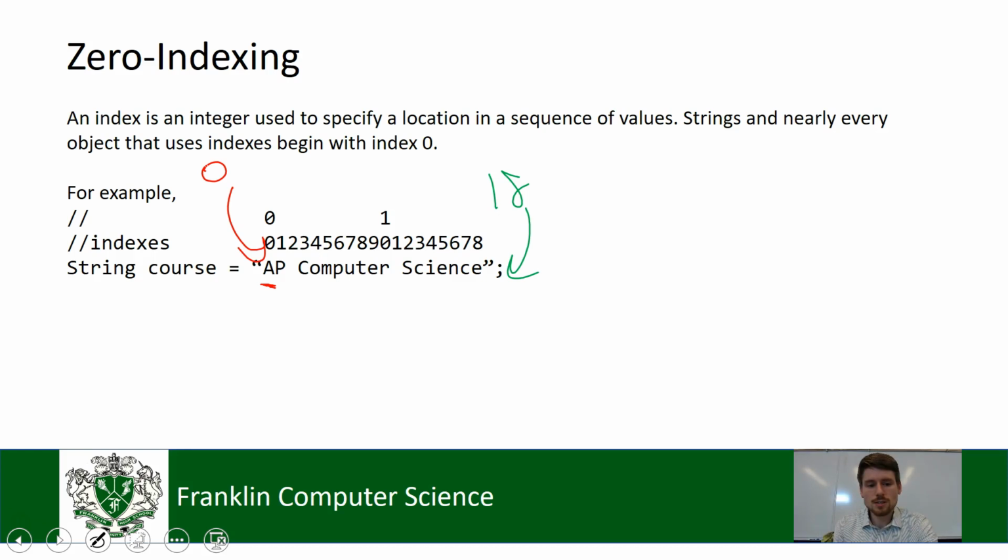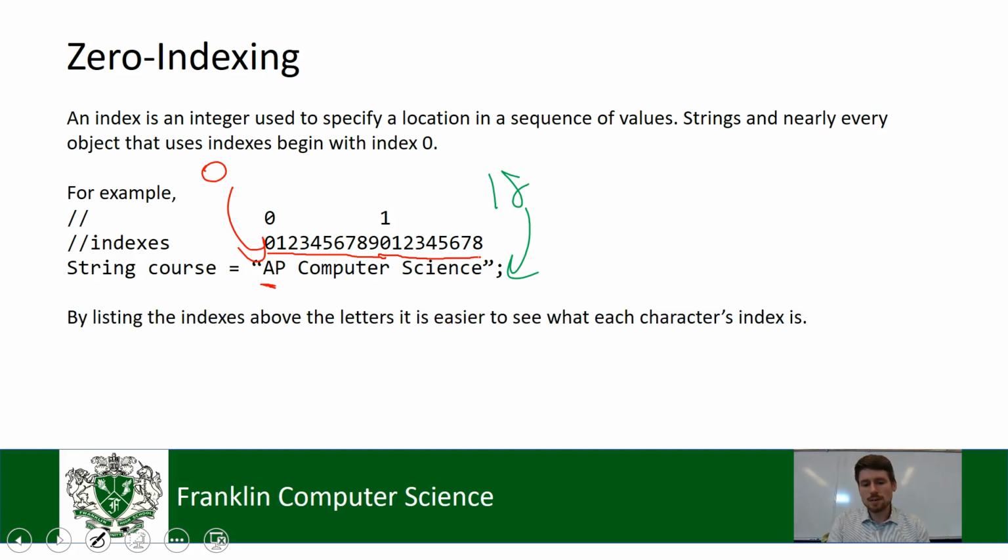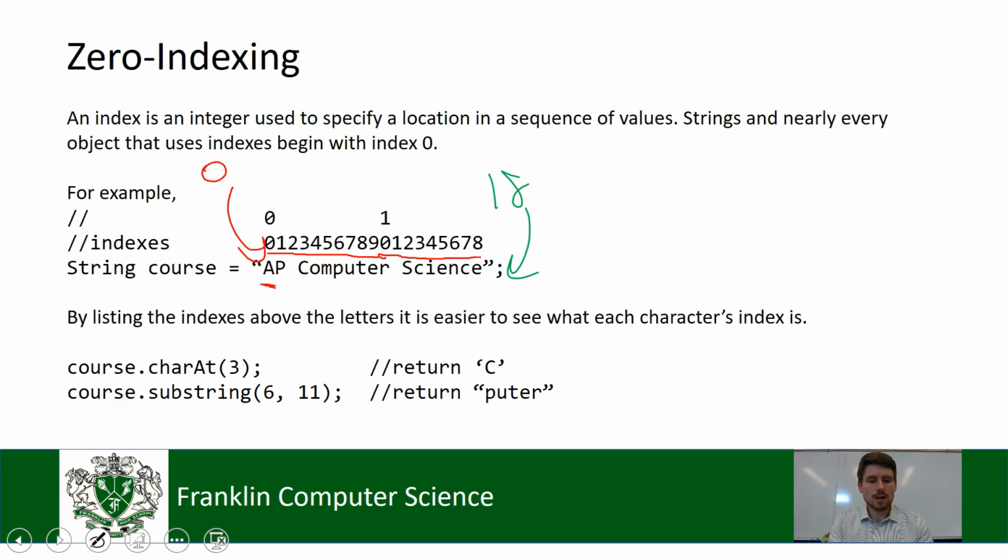So 0, 1, 2, as you go along here, I'll just underline as I go. 0, 1, 2, 3, 4, 5, 6, 7, 8, 9, and then this is going to be index 10, 11, 12, 13, 14, 15, 16, 17, 18 is the last one. Okay, so we go 0 up to including 18 for indexes for this string. By listing it above it, it's easier to see what each character's index is. When you're doing the string practice, I would suggest getting out a piece of paper and doing this. It helps a lot.